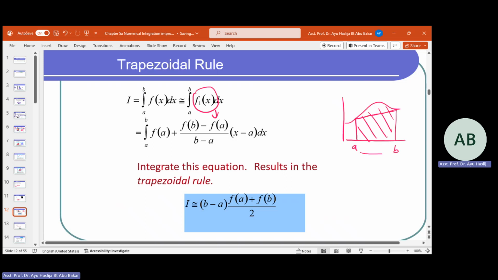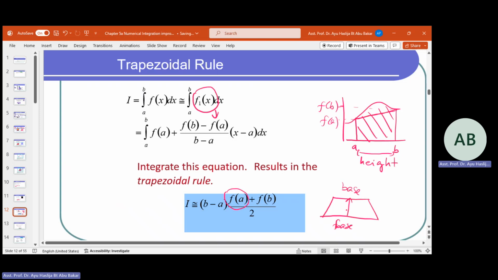b minus a is the length. Here is the height if using trapezoid. So this one is the base, f(a), f(b). Remember the trapezoid? You have, for example, base 1, base 2 here.